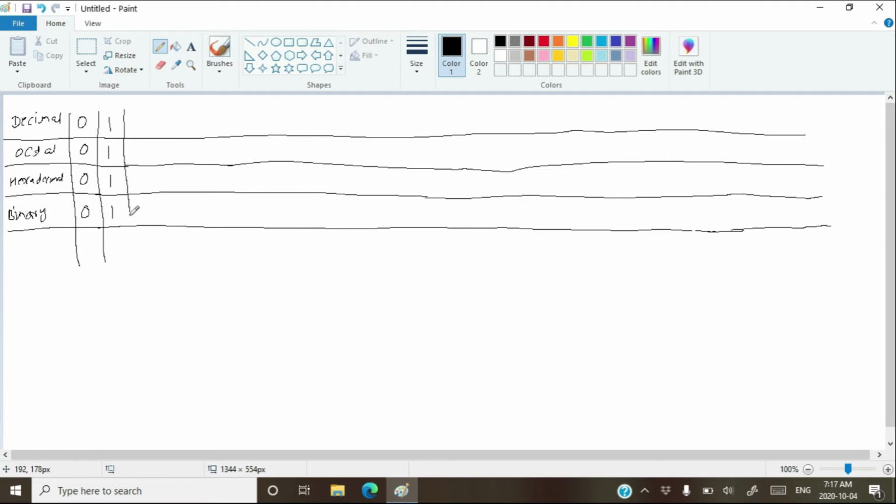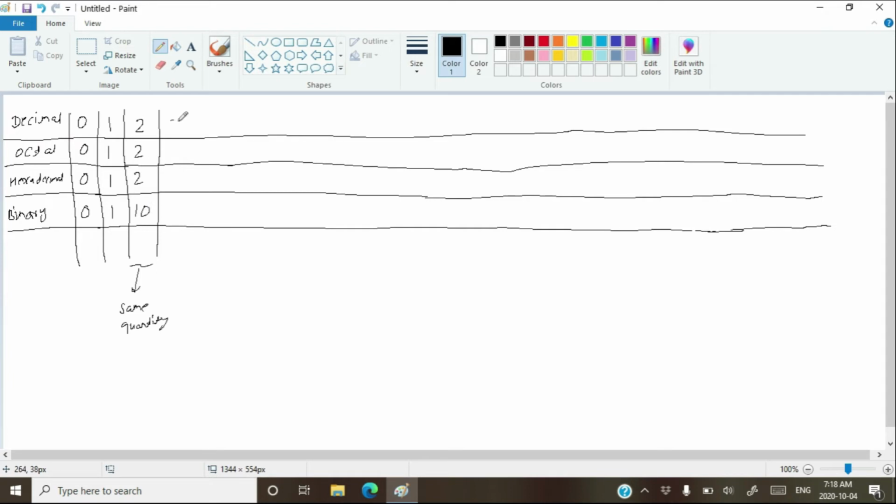Then after it comes 2. 2 is 2 in decimal, 2 in octal, 2 in hexadecimal, but 10 in binary. And notice here that one column is representing the same quantity. That means the quantity 2 is represented by writing the symbol 2 in decimal. In octal, it is represented by writing the symbol 2. In hexadecimal also, the quantity 2 is represented by writing the symbol 2, but in the binary number system, the quantity 2 is represented by writing 1 followed by 0.